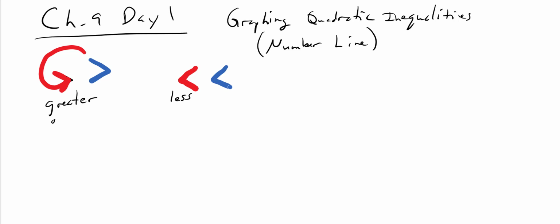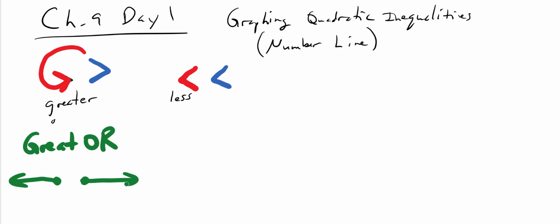Really important. If you remember, we did this back in the day with absolute value, where we would set up a problem like this. I'm going to do this in green. If it's a greater than, I'm going to write "great-or," an or problem. If you remember what an or problem looks like, it points out this way and out this way, just like a set of oars on a boat. They point out.